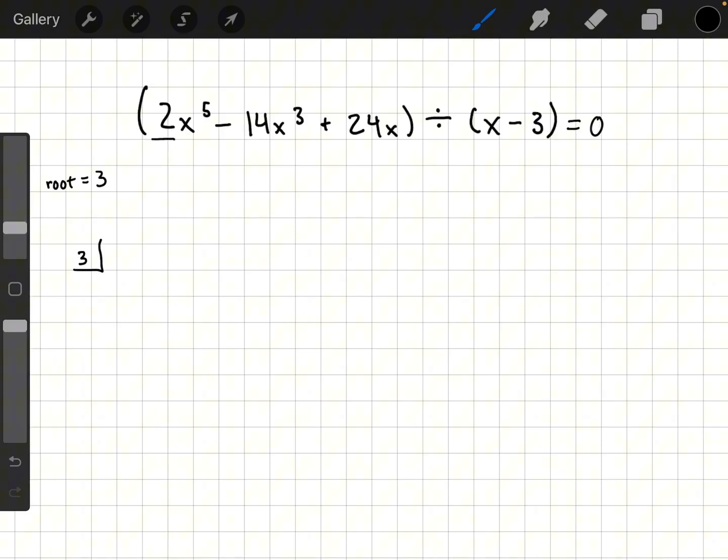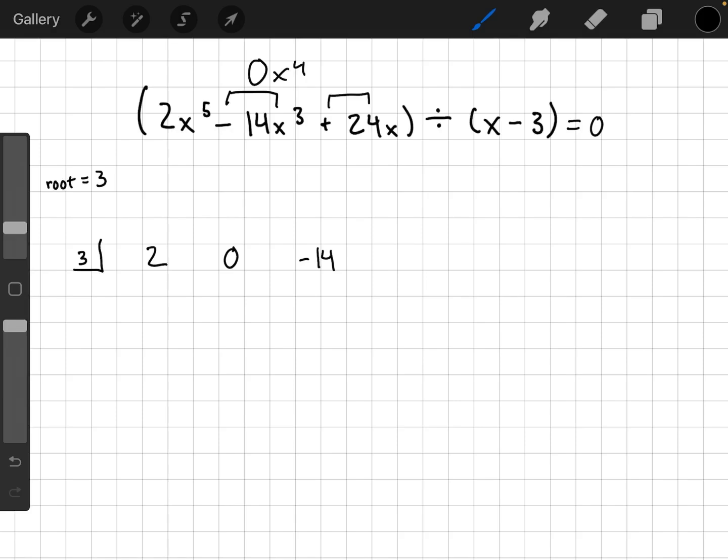So the coefficient is 2, so I'll write 2 here. However, there's a gap here between the 5 and the 3 term. We're missing x to the power of 4. So in this case, we'll put a 0. So write 0 here as a placeholder coefficient. Then for the third term, the coefficient is negative 14. I'll write that down here.